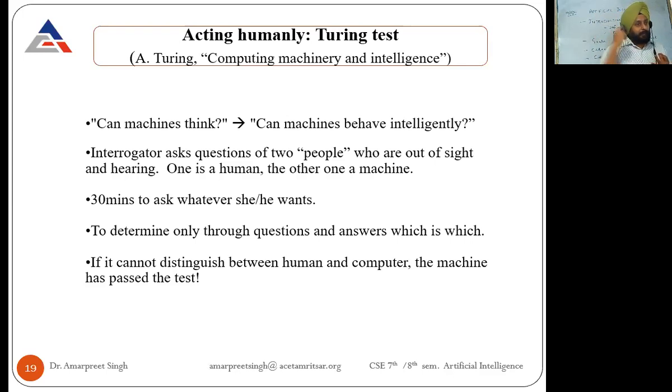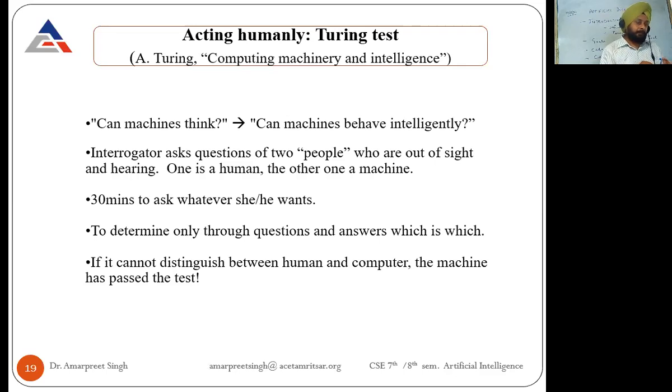On the other side, one is the machine which is claiming to be an AI machine, and the other entity is a human. The interrogator has 30 minutes to ask whatever questions he may, to determine which is which.